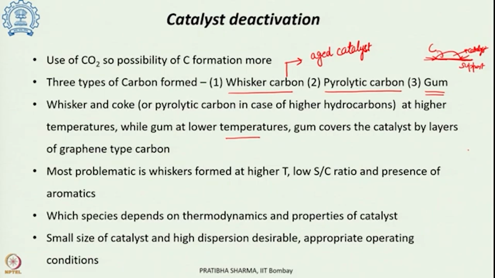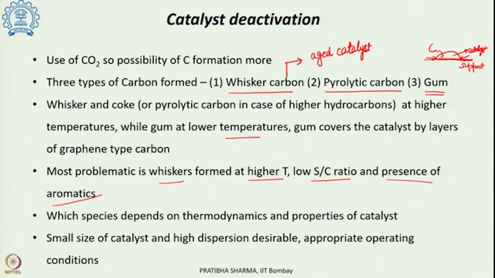But the most problematic is the whisker type of carbon, and this is promoted at a higher temperature and lower S/C ratio, lower steam to carbon ratio. If we use a higher steam to carbon ratio, the coking tendency will reduce, and in the presence of aromatics.